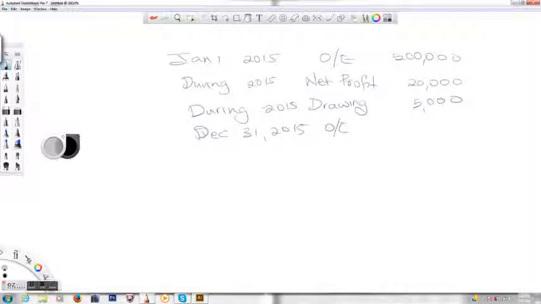Calculate it. And we're going to do this using our equation, which says closing owner's equity, which is end of year, is equal to opening equity, beginning of year, plus net profit minus drawings. So let's calculate.